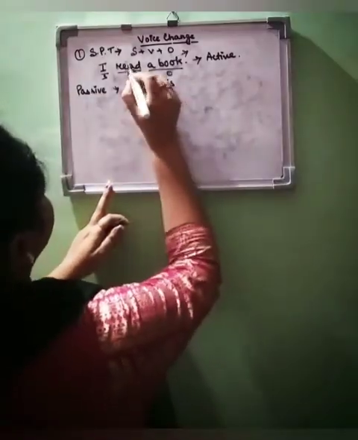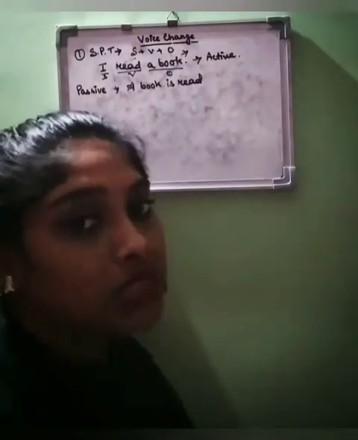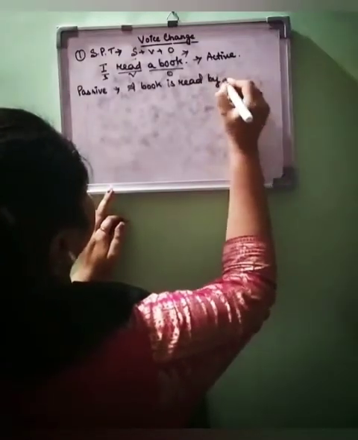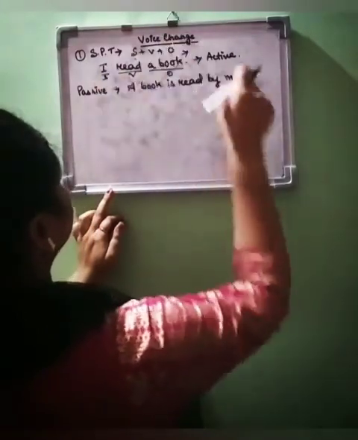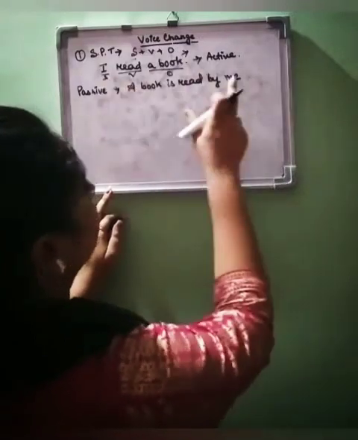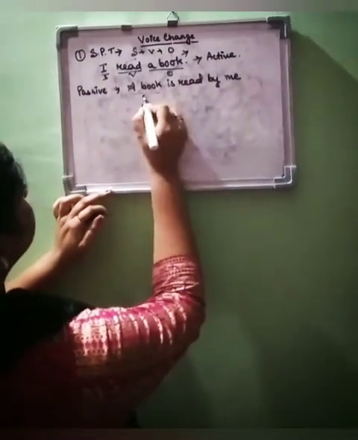Is, then the third form, meaning past participle, then by, then our subject. And when this subject comes in the place of object, the objective form of I is me. So what happens here? This is the subject.